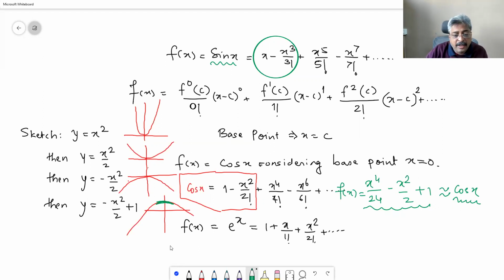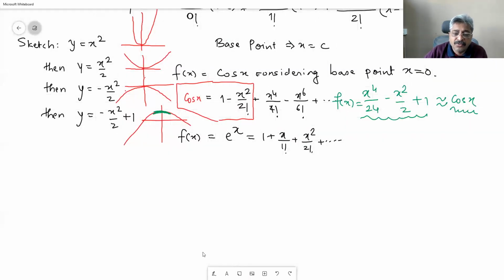You can try it later, but give me some more series expansions. Find the series expansion of f of x is equal to a raised to x.